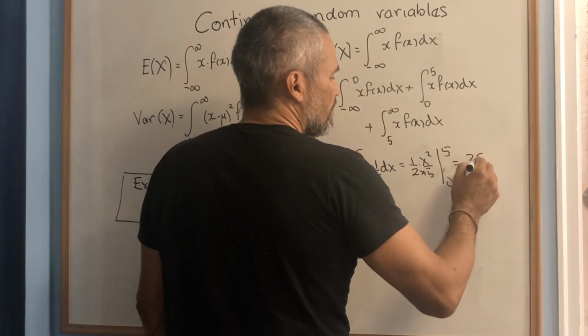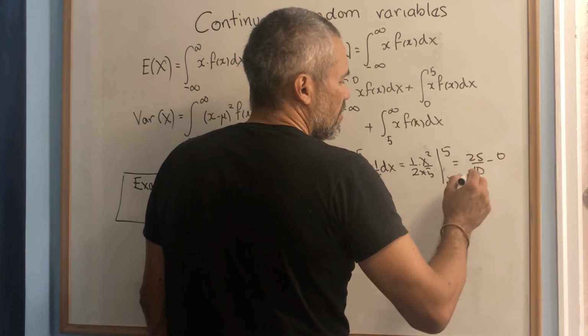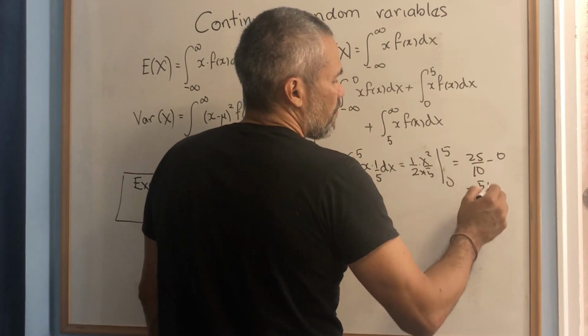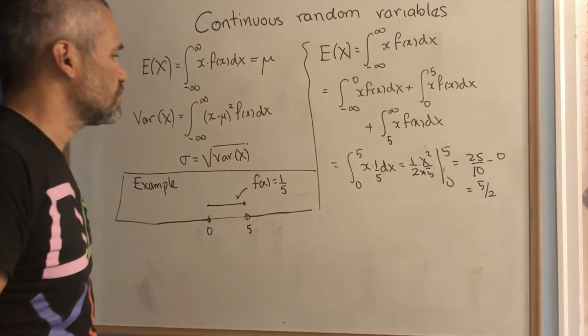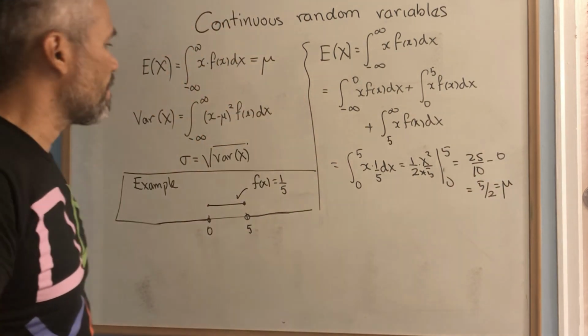Then it is 25 over 10 minus 0, which is just 5/2. This is the expected value.